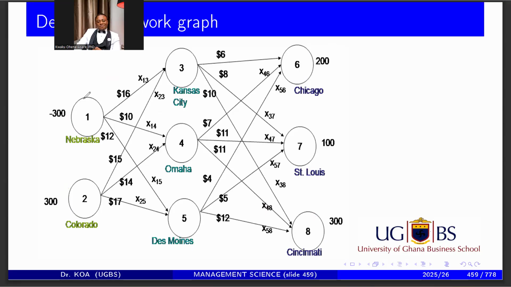We know that if you were to write the constraint for Nebraska, it's going to be x13 plus x14 plus x15 equal to 300. Do you agree with that?